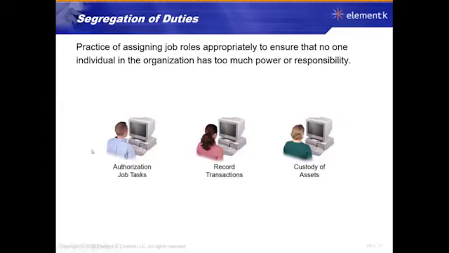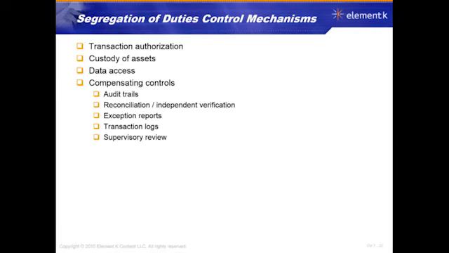When we talk about segregation of duties, we're looking at who has the authority to authorize different tasks, who manages transactions and records them, and who controls the assets or the resources or has custody of whatever. These are the things we want to be looking at, making sure that they're segregated.